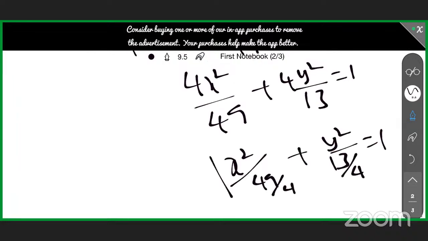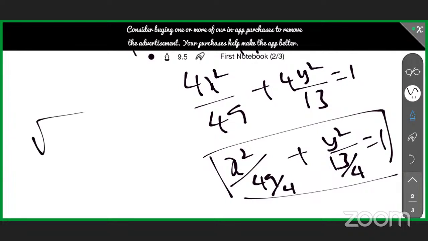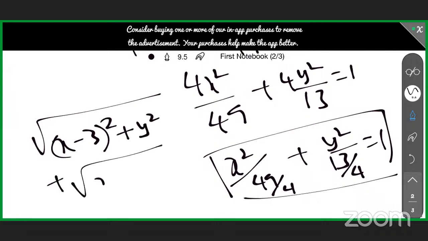See, we got the equation of the ellipse. Therefore, the given locus, root of (x minus 3) whole square plus y square plus root of (x plus 3) whole square plus y square is equal to 7, is the equation of an ellipse, whose equation is x square by 49 by 4 plus y square by 13 by 4 is equal to 1. Did you understand this one?